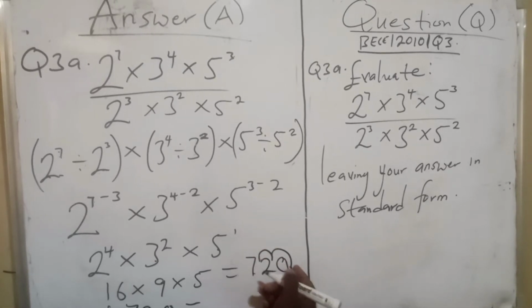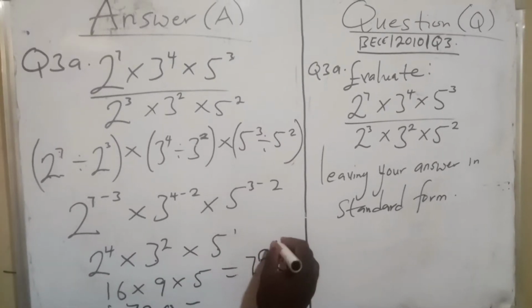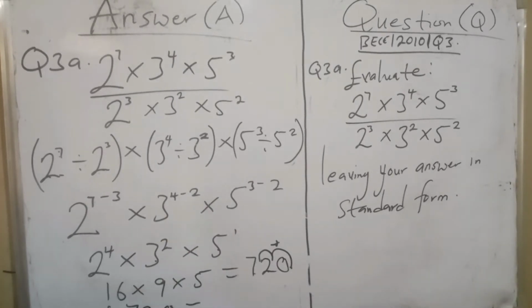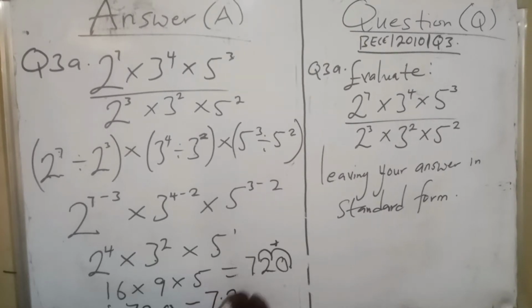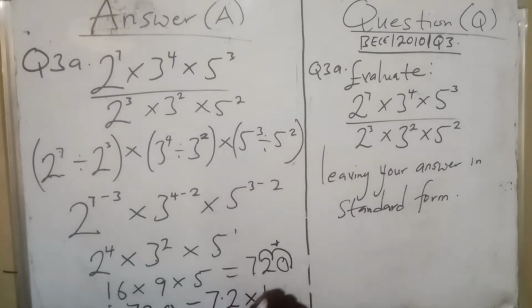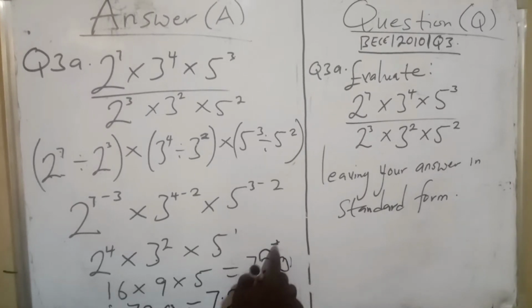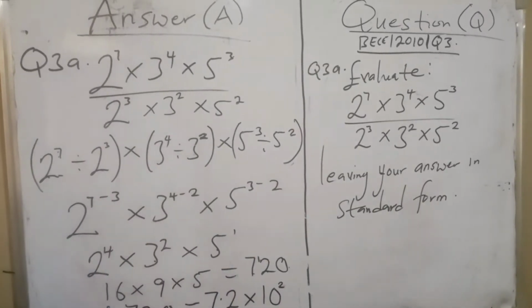Moving from right to left is always positive, and moving from left to right is negative. So we have moved 2 times, so that will be positive 2. So 720 can be written as 7.2 multiplied by 10 exponent 2. That is how we can write the answer in standard form, and that answers the first part of question 3.